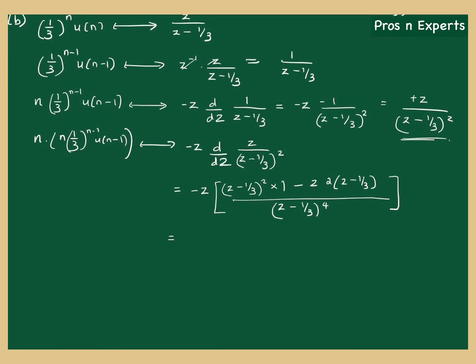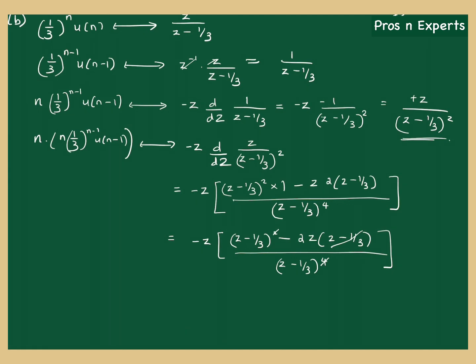So on simplification this becomes minus z into [(z minus 1 by 3) square minus 2z into (z minus 1 by 3)] whole divided by (z minus 1 by 3) to the power 4, and obviously we can cancel out one (z minus 1 by 3) in numerator and denominator.